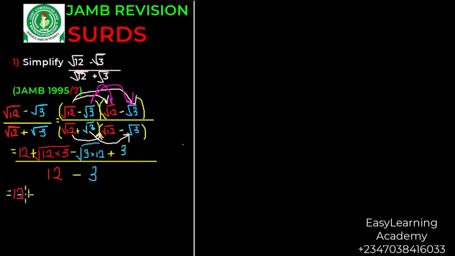We need to multiply everything in the square root sign out, and 12 times 3 will give us 36. Let's have it. 36. Good. We're done with that. And we have a sign here, so we bring it down.